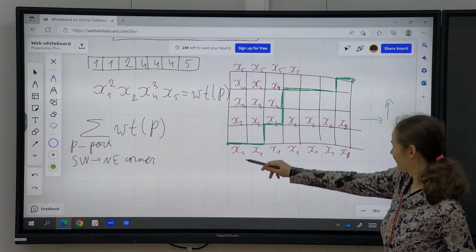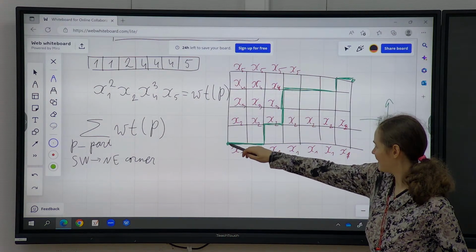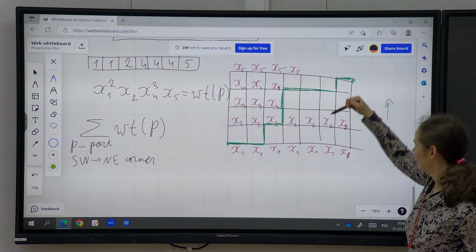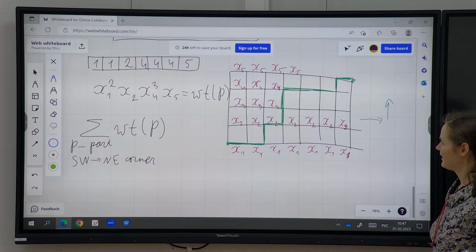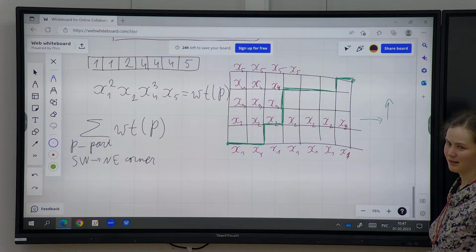So I take all the paths from this corner to this, multiply the variables along each path, and then sum them all.